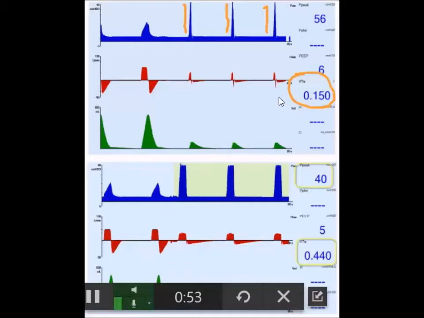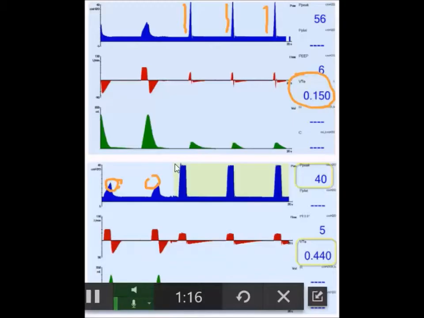The second example is volume control CMV pressure limited. My PMax is set at 40 centimeters of water. We see the same scenario as it's delivering a normal volume control breath and the patient's lung condition changes.